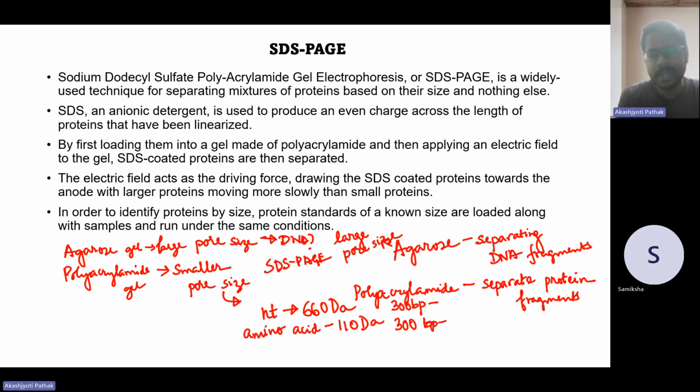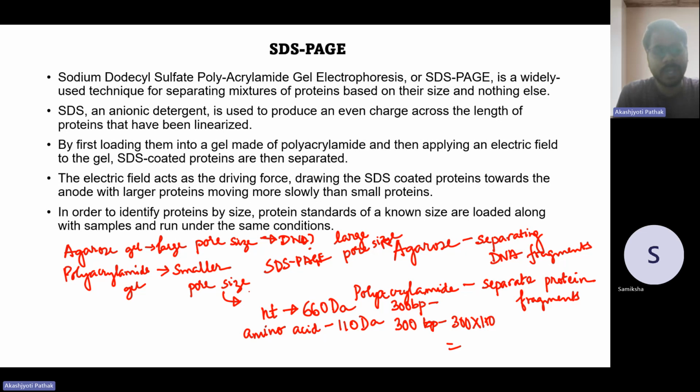And then that multiplied by 300 will give you a very high molecular weight compared to proteins. If it is having 110 Dalton, then its molecular weight will be around 300 into 110 Dalton. So, because of the molecular size, if you compare a protein and a nucleotide chain having the same number of amino acids and the same number of nucleotide bases, then the molecular weight of a DNA will be more than that of a protein.